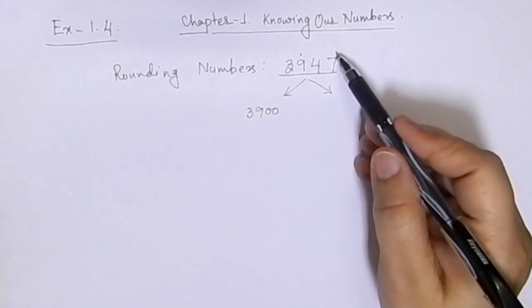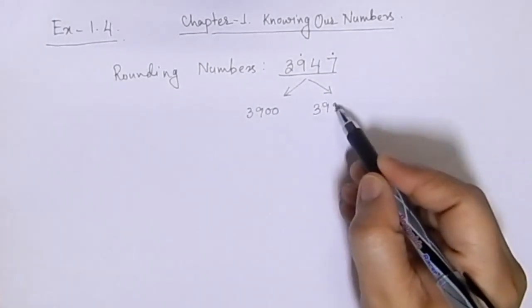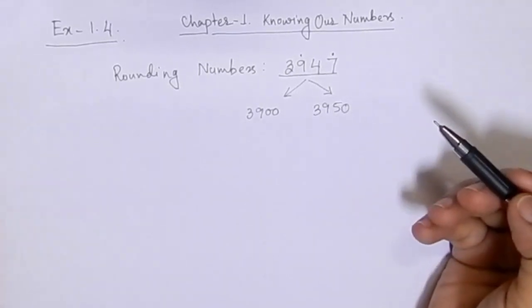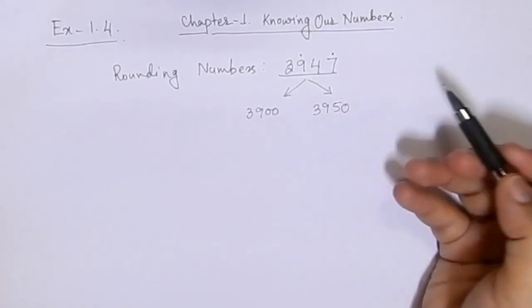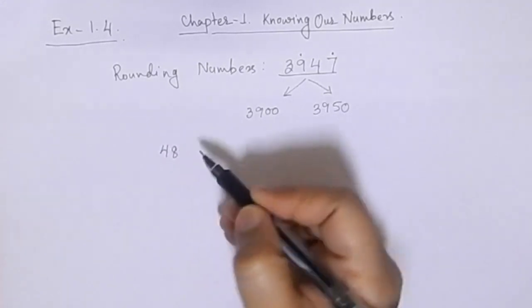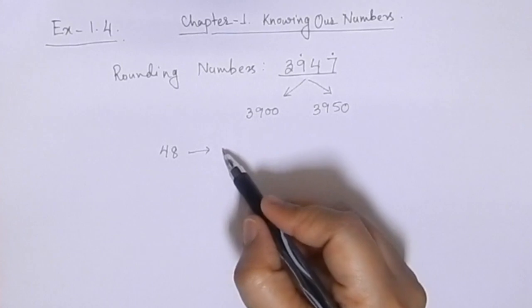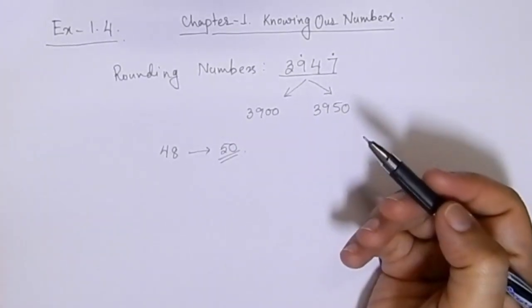Suppose you want to round off to the tens place, so this is rounding off to 3950. You must have heard in the shops that sometimes, suppose your bill is 48 rupees, they ask you to please buy 2 sweets, then it will be 50 rupees, and it will be easy for me to give the change.